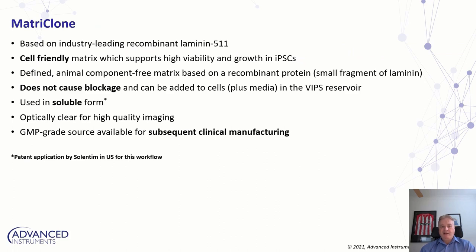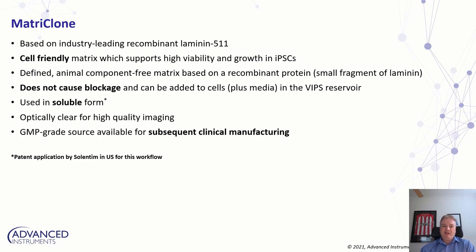So the second part and key part of our combination platform is the enabling matrix. And note, I want to make the point here that by design, our system does not work with the vitronectin or matrigels. We specifically work with matriclone, or as it says here, the recombinant laminin 511.